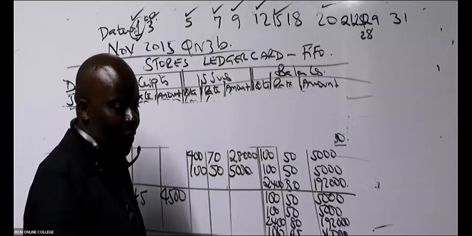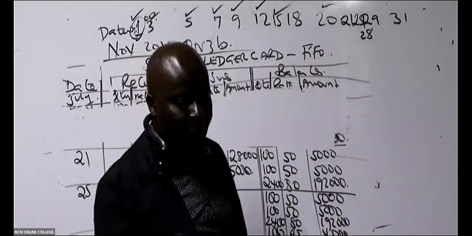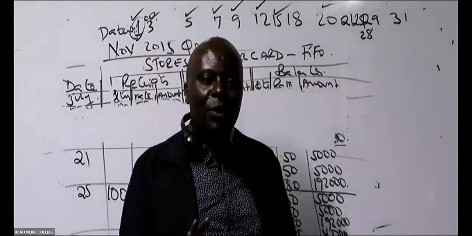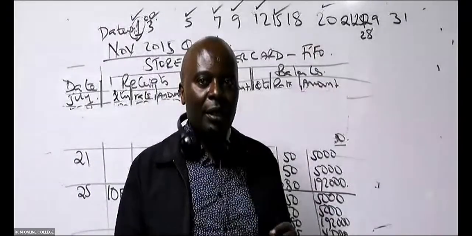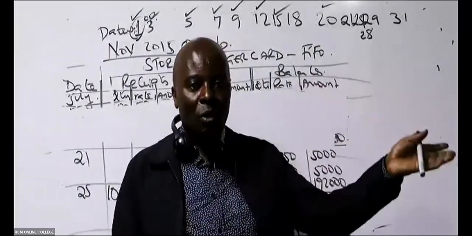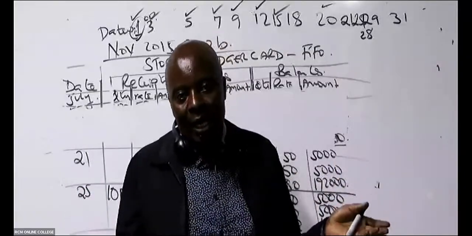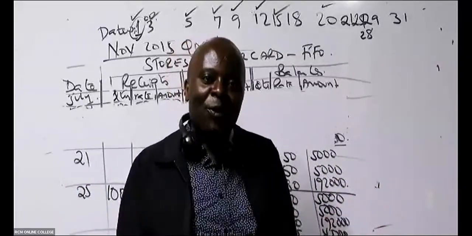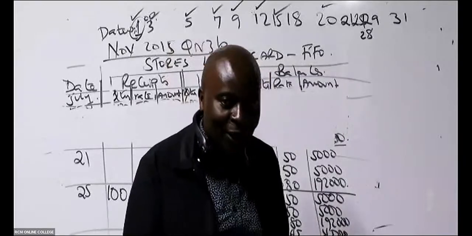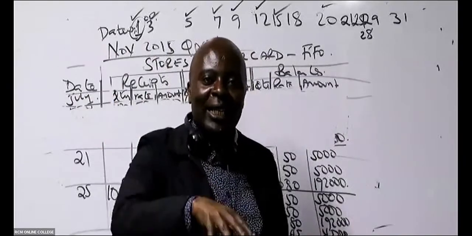Jonathan is asking a very good question: why update an old transaction? Remember, you are a storeman. These goods had been issued a long time ago. The management has decided to accept them back from a client, so they're being brought to the store. Will you be able to make an argument, Jonathan, that they're very old, I will not add them back to the store?